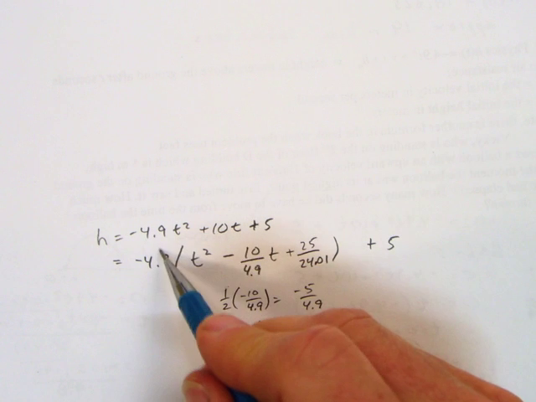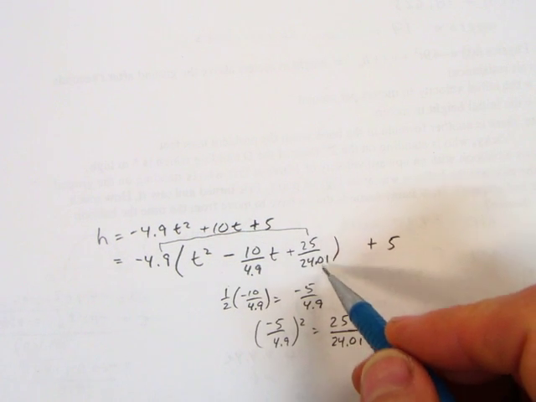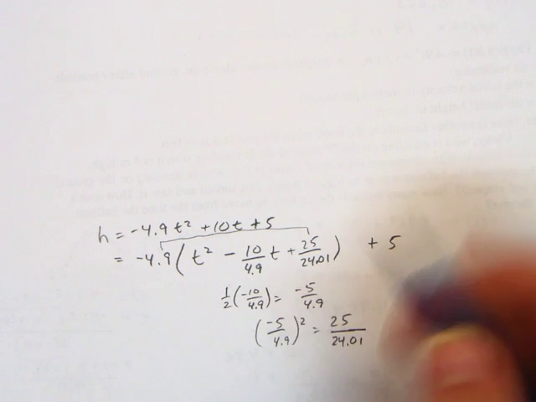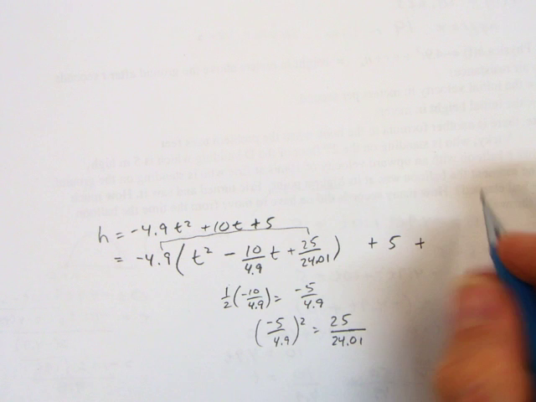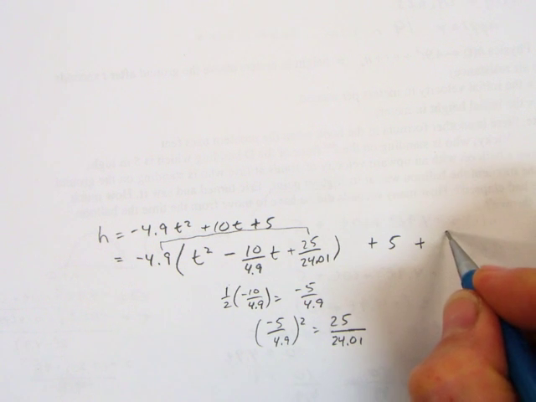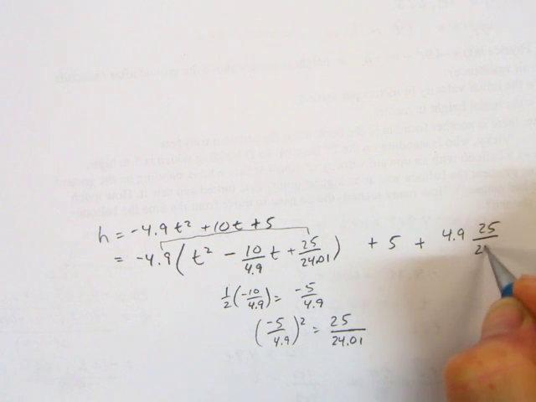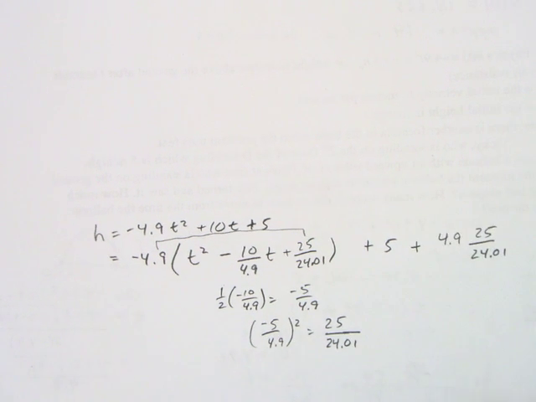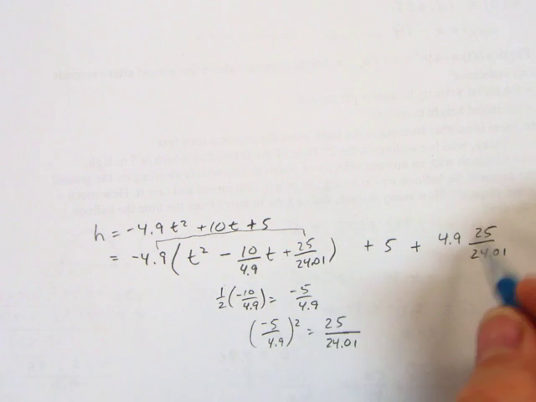Now what number did we really add in? We added in negative 4.9 times 25 over 24.01. So this will be a negative number, and we have to add the opposite of it. And that will end up being 4.9 times 25 over 24.01. Now what is this going to reduce to? Remember, 24.01 is just 4.9 squared.